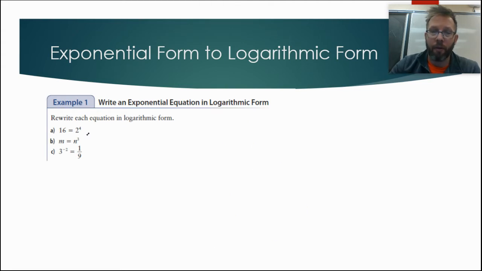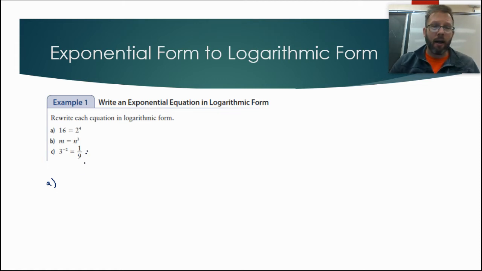So here are 3 expressions in exponential form. I want you to rewrite them in log form. There's not really a lot of work to show. You're just going to be rewriting these. So if you want to pause the video and give that a try, you can unpause when you're ready. I'm going to dive right in here. Hopefully you've given them a try.